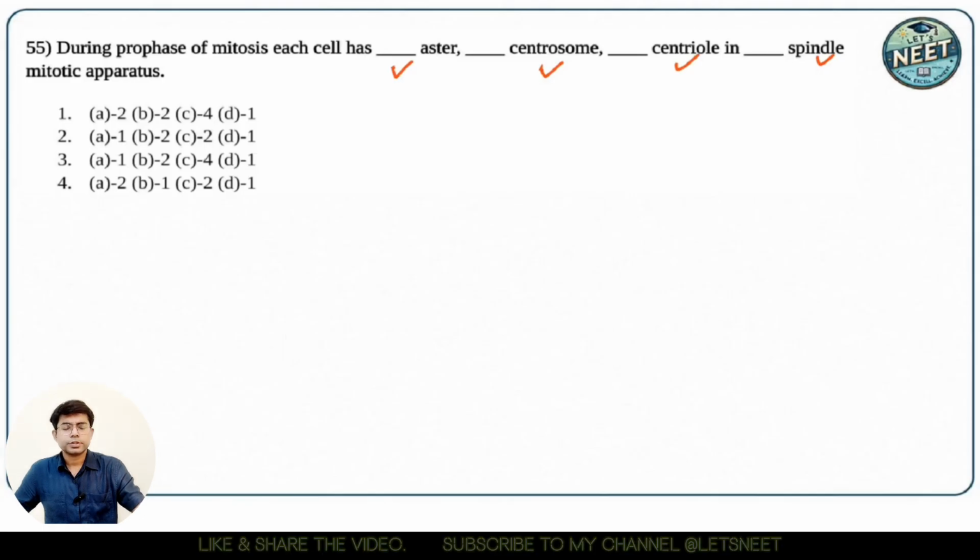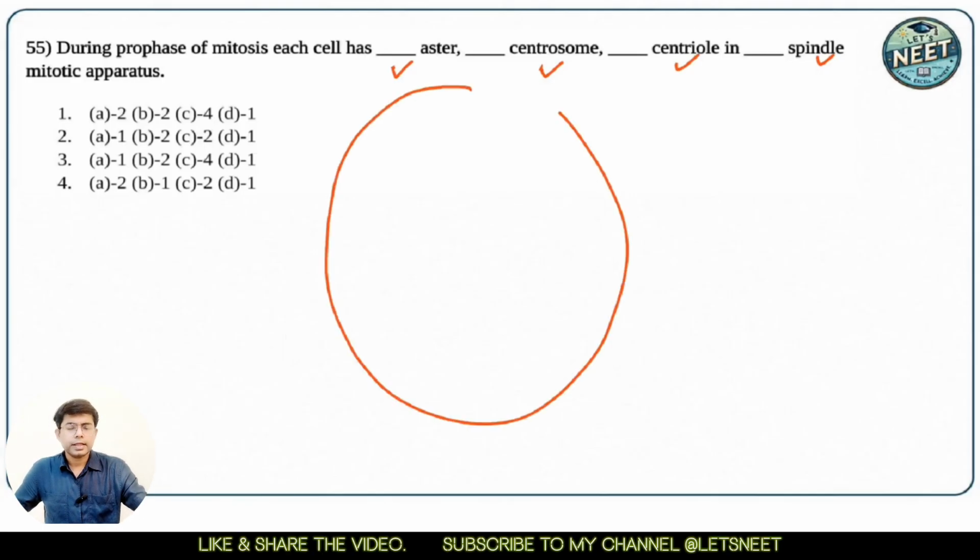So in one last question we have seen that, but let me again draw it. See, during prophase, right, there are 2 poles and at each pole we have 1 centrosome, and this centrosome is made up of 2 centrioles. As you can see, on both the poles we have 2 centrosomes.